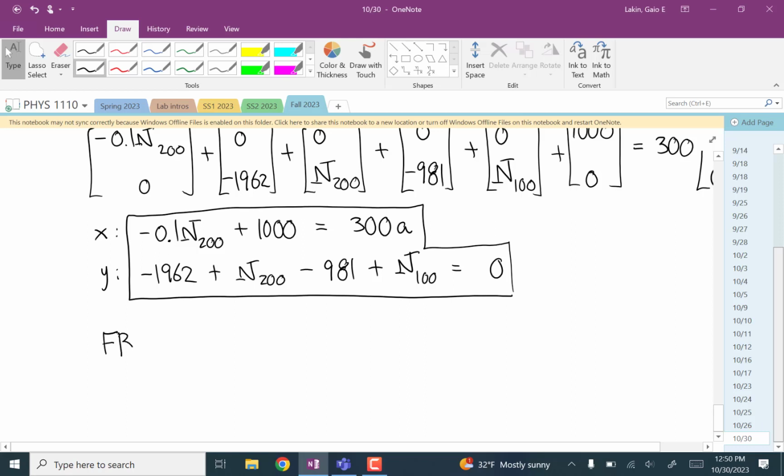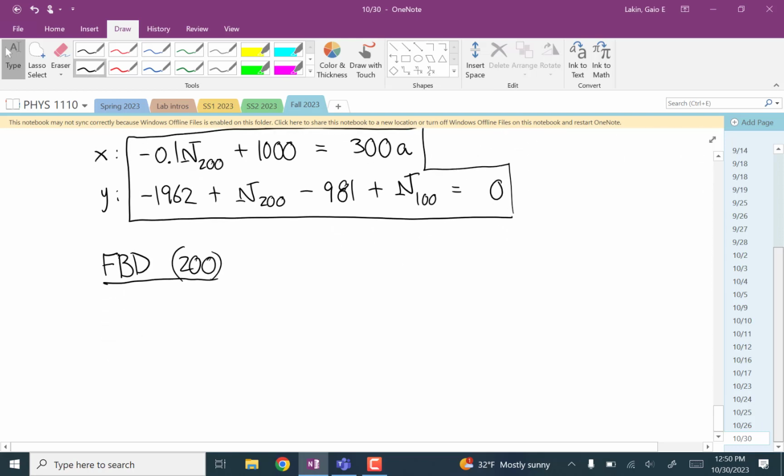And I'll draw a free body diagram of the 200. So you have a weight force of 1962. The pushing force, N200.